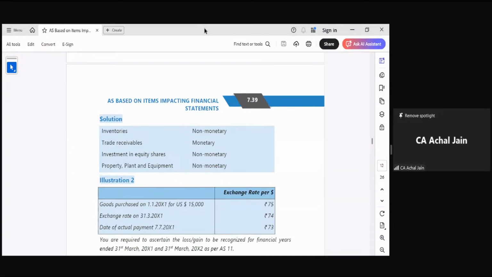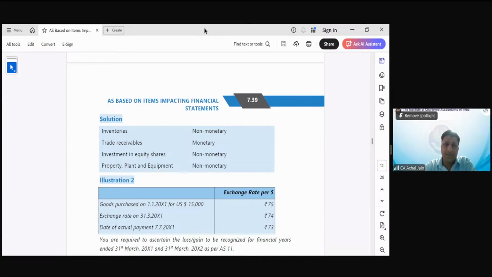Okay, let me say that in case of PPE, we are looking at a building. Is a building PPE or not? Yes, sir. Okay, let's suppose the amount of building appearing in the books is 10 lakhs. Will you call it non-monetary or not?